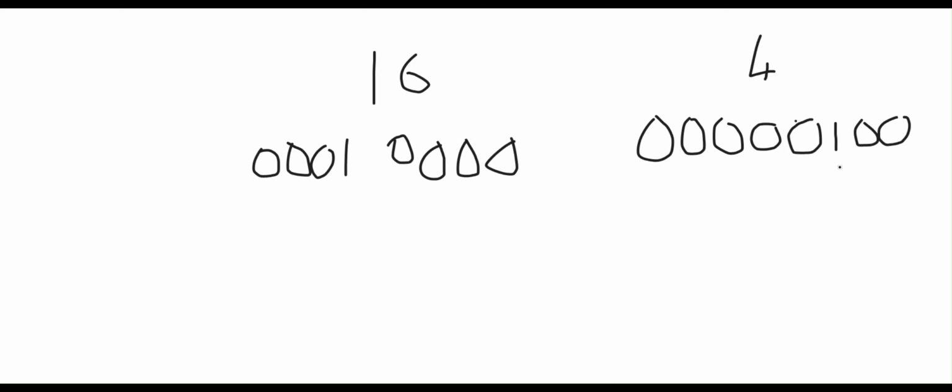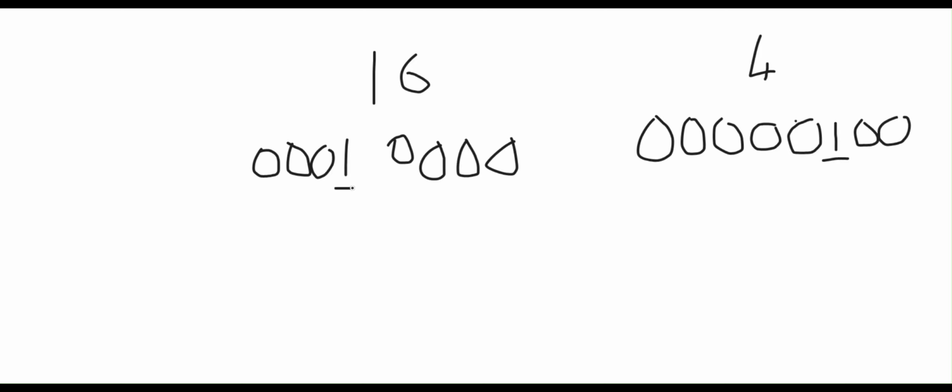There's one similarity between them: all powers of 4 have exactly one bit set in them. In this representation, we can see that only one bit is set to 1. Similarly, in the representation of n equal to 16, only one bit is set.